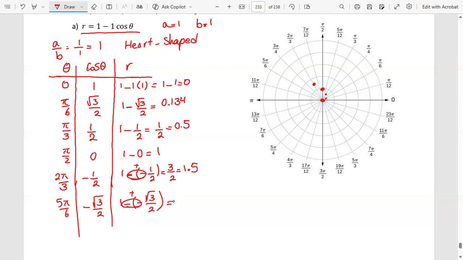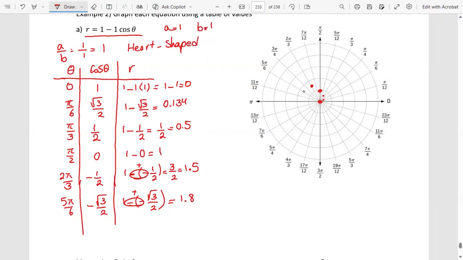And the answer is 1.8, or 1.7 something. 5 pi over 6 is 1.8. And for pi, the cosine of pi is negative 1. 1 minus negative 1, which is 1 plus 1, is 2. So for pi, we have 2.